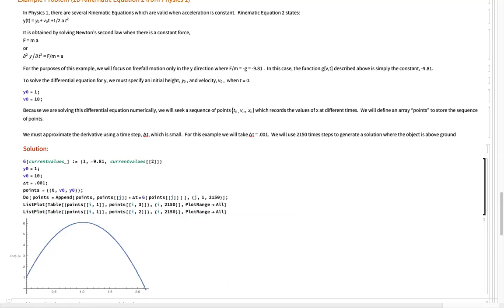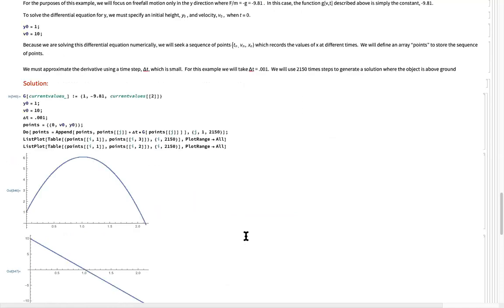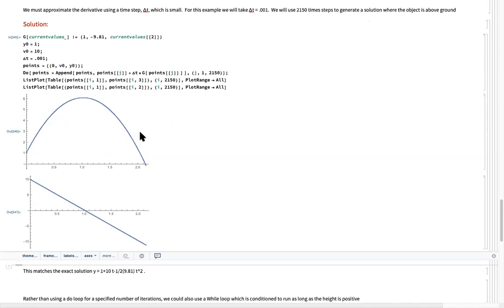Okay, so if we do that, and there you go, you get a graph of position and velocity. Notice when you're at the maximum height, the velocity is 0, as is reasonable if you've had physics.